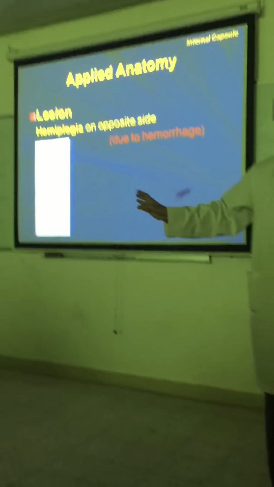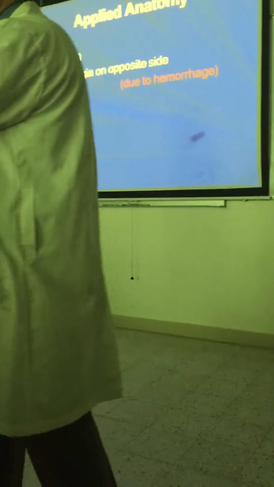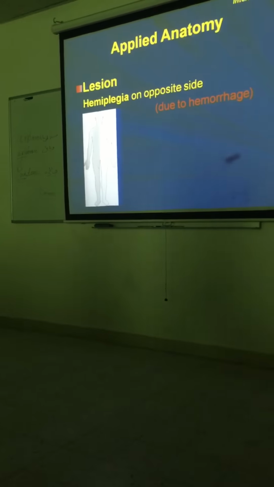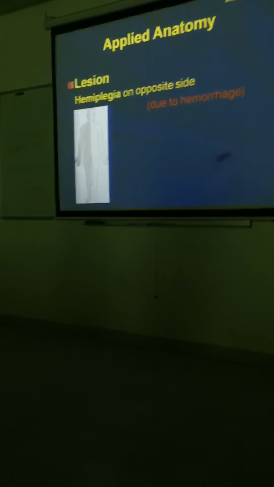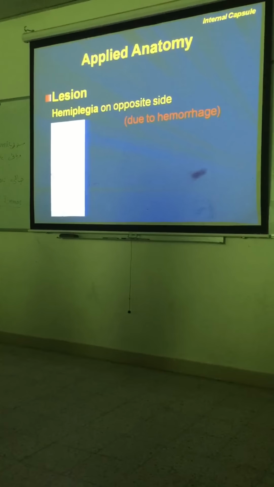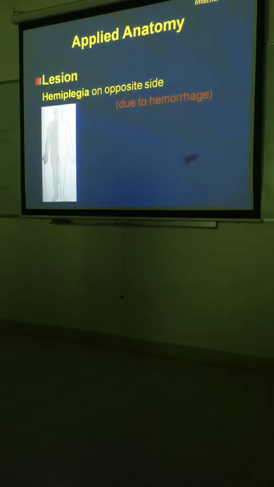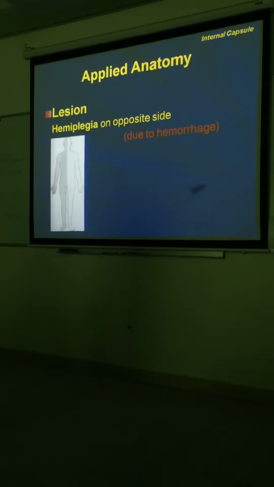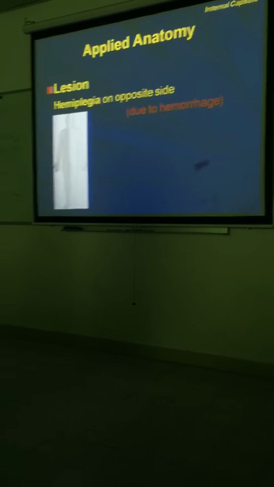This is, as I told you, that the internal capsule is a very important area. Why? Many fibers are collected there. If there is a small damage, many fibers will be affected. Incidentally, this is the commonest area where a hemorrhage takes place. There is a small, very fine artery that goes inside the brain.